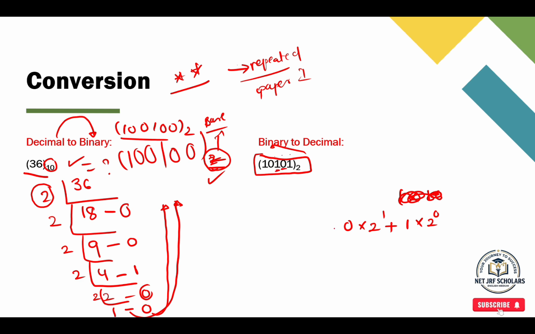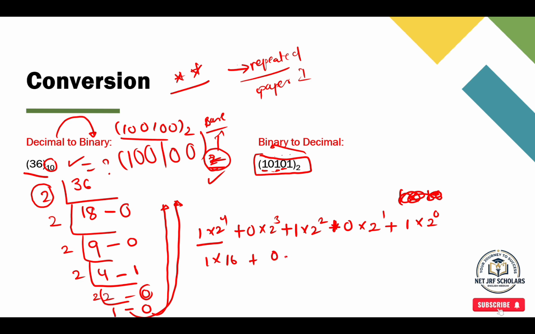Next we have 1, so 1 into 2 to the power of 2. Next we have 0, that is 0 into 2 to the power of 3. Next we have 1 into 2 to the power of 4. Now 1 into 2 to the power of 4 is 16.